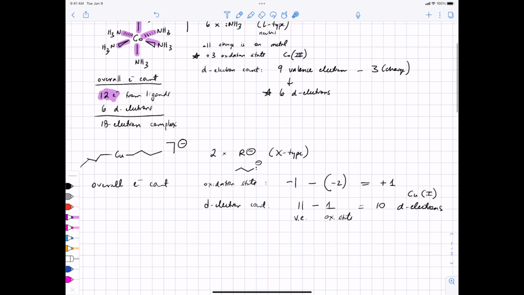Overall electron count from the ligands, we have 4, right? These 2 pairs of electrons, 4 from the R- ligands, and then we have 10 from 10 d electrons. Overall 14 electron complex.